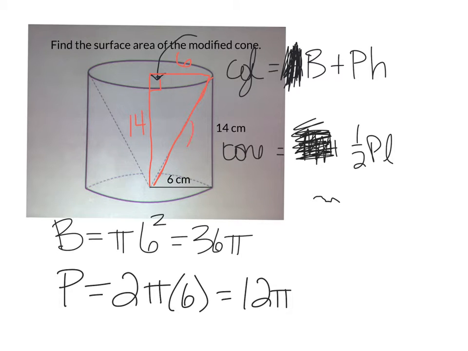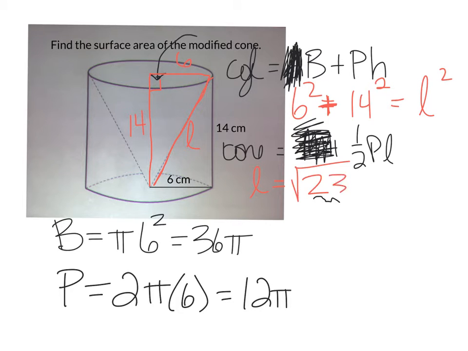So we can use the Pythagorean theorem in order to figure out the length of this slant height. 6 squared plus 14 squared equals L squared. And when we do this nice Pythagorean theorem, we get a slant height of square root of 232.